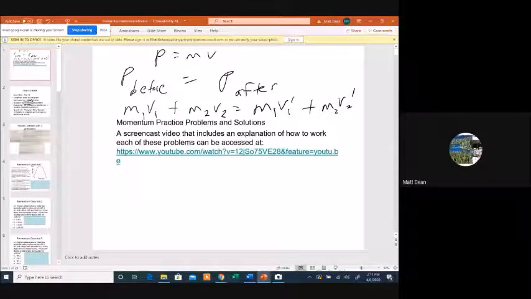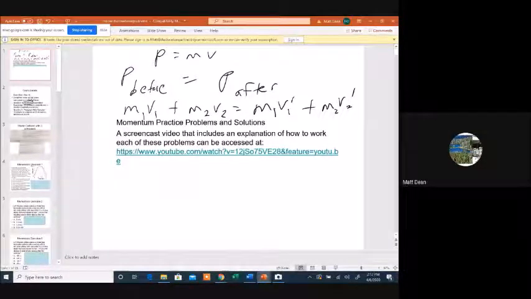Now, these problems are easy to work as long as you're given all the variables except for one. We're going to talk in a minute about what happens if you have two unknowns, and how to solve those problems. But big idea number one is momentum is conserved in closed systems. Momentum before equals momentum after.